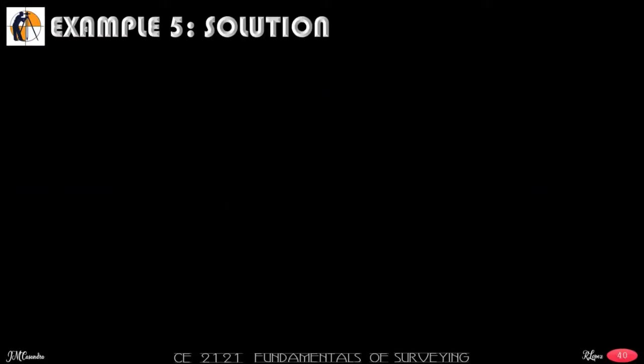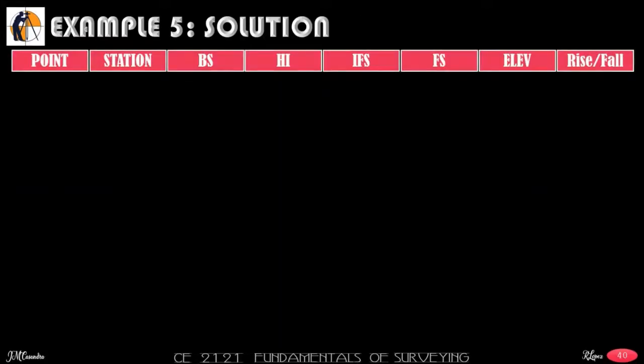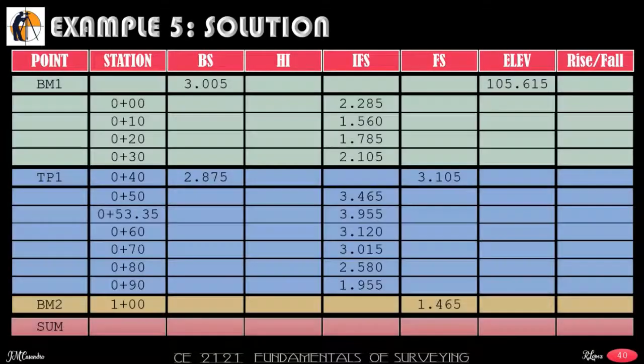So for our solution, we have our field notes containing the point, station, backside, height of instrument, intermediate foresight, elevation, and the rise or fall of our points. So from our given, our points are BM1, TP1, and BM2.